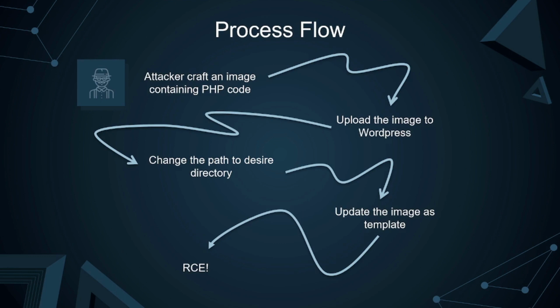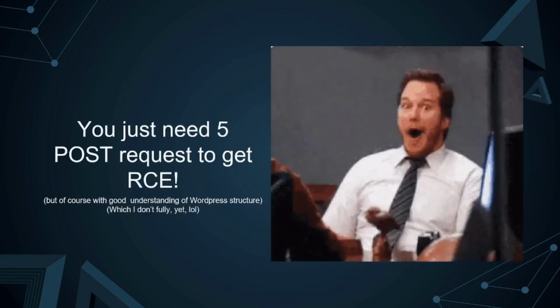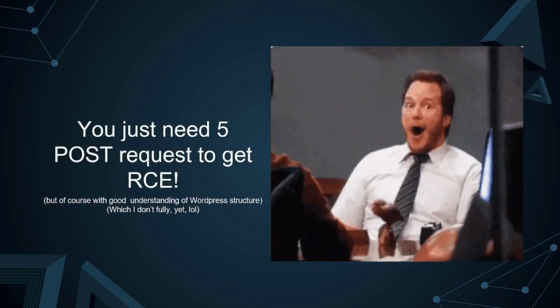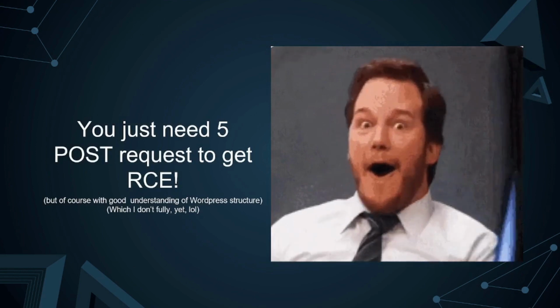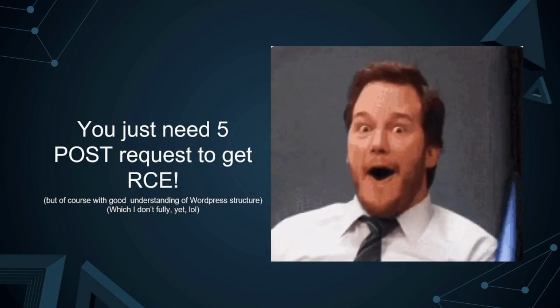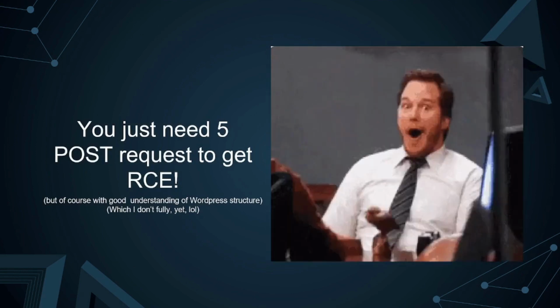That's why we can supply the GET query to get the command injection. Later I will demo how it works. It seems a bit confusing, but it's okay. You just need 5 POST requests to get RCE, but of course with a good understanding of the WordPress structure, which I don't yet fully have.